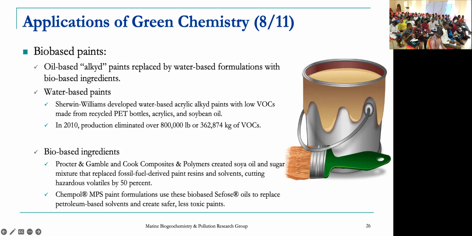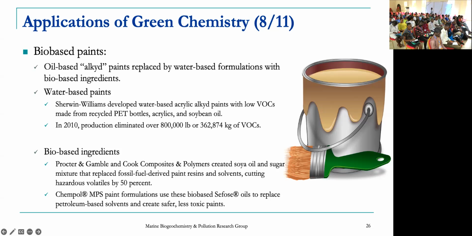Green chemistry has encouraged the shift towards water-based paints, which use water as the primary solvent instead of the harmful organic solvent. So let me point out that water-based paints have very low VOC emissions, reducing their impact on indoor and, of course, outdoor air quality. They also enable easier cleanup and disposal of unused paints.